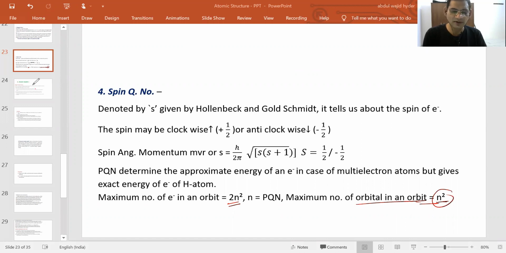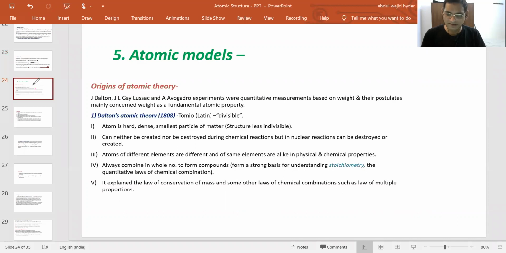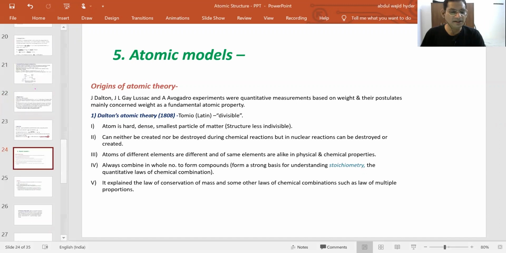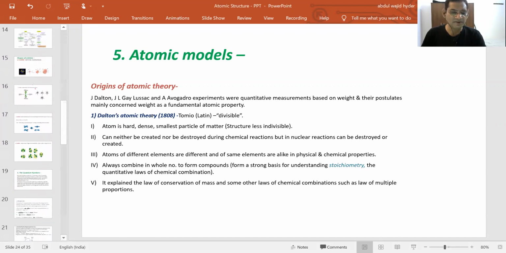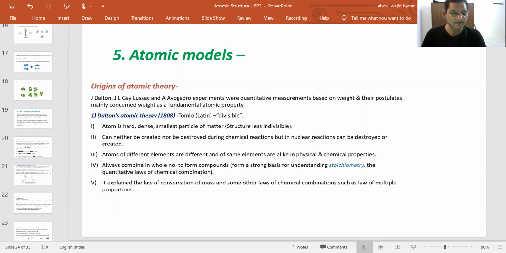Now our next topic is atomic models. This is also a very big topic, and in this topic we will be talking about various atomic models.